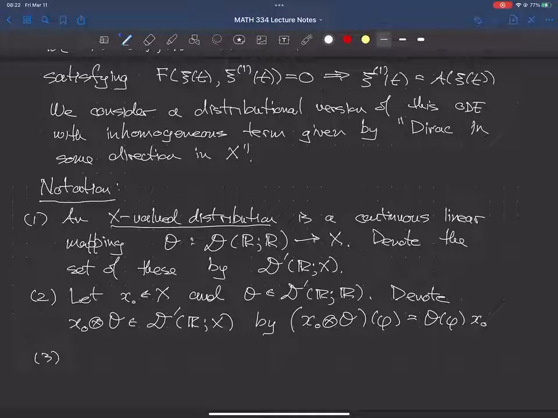All right. A corresponding bit of notation is this.